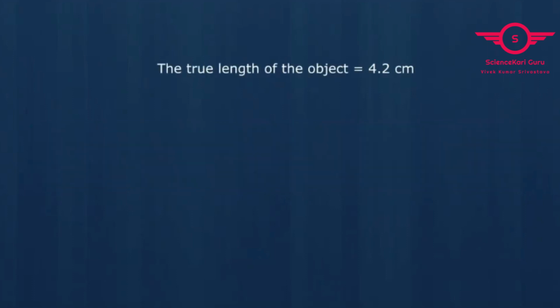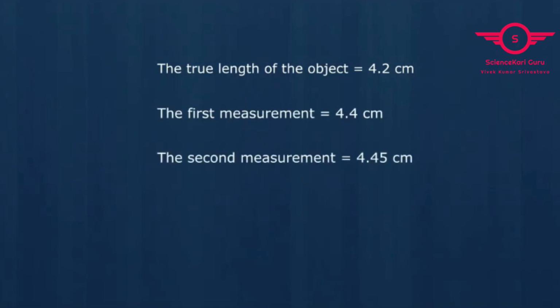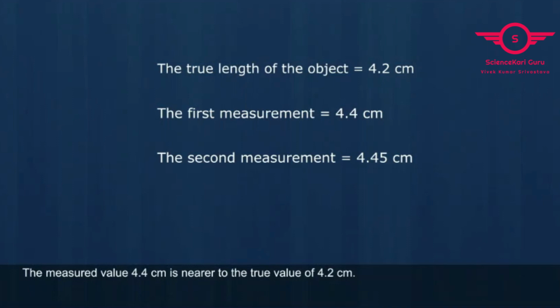Suppose that the actual or true length of the object is 4.2 centimeter. The first measurement is 4.4 centimeter and the second measurement is 4.45 centimeter. Here, the measured value 4.4 centimeter is nearer to the true value of 4.2 centimeter.